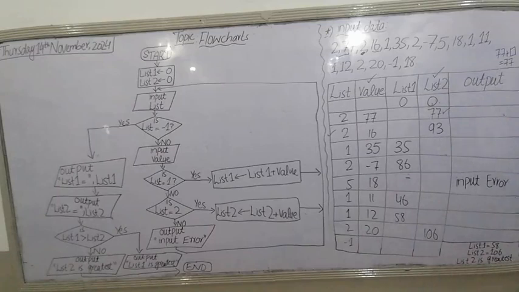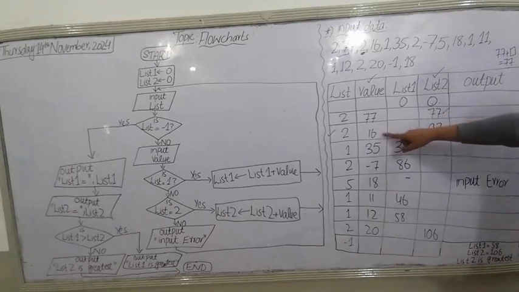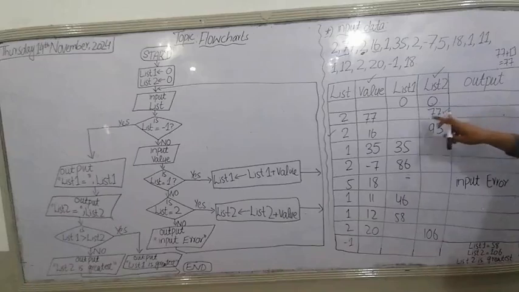So list 2 plus value, that means the digits we have in the variable list 2 plus the digit we have in the variable value. So we have to add these two digits. So let me do the addition here.